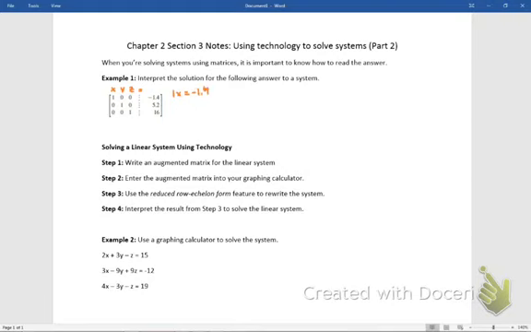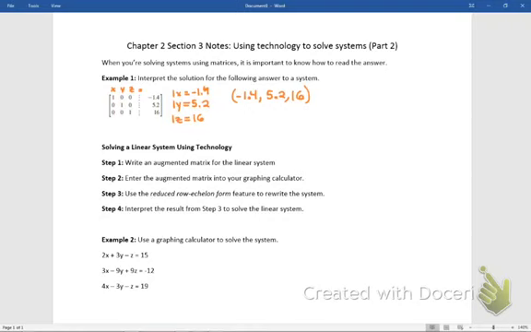We would also have 0x plus 1y plus 0z equals 5.2. And in the last row, we would have 0x, 0y, 1z equals 16, which means that if I were to write that as an ordered triple, we would have (negative 1.4, 5.2, 16). So that's how you read an answer.